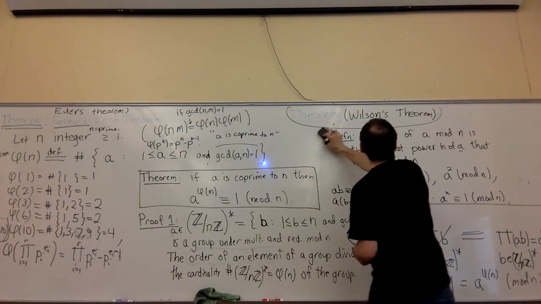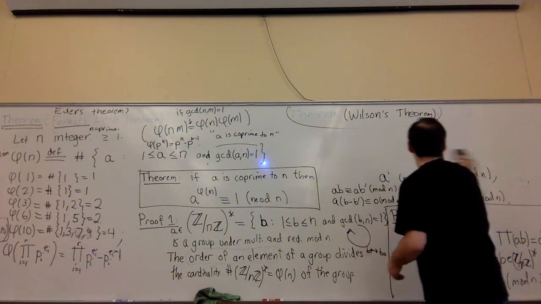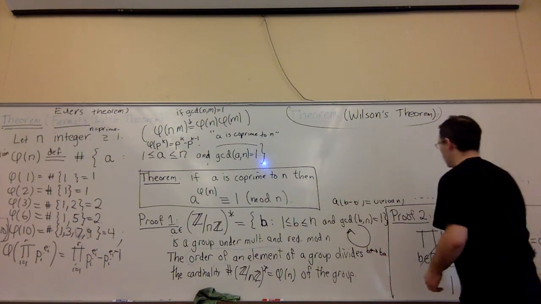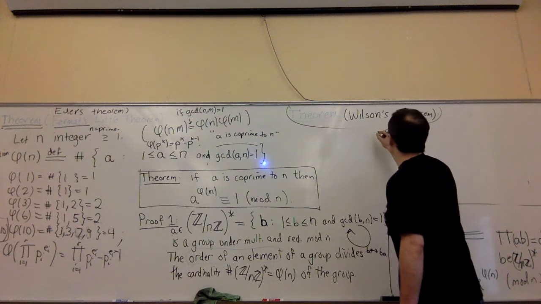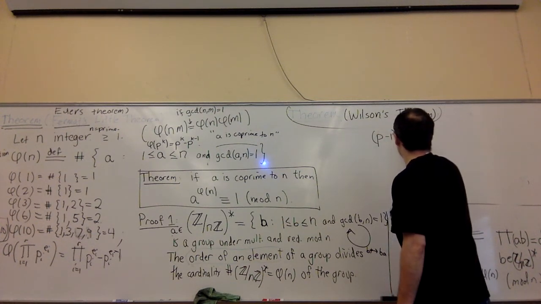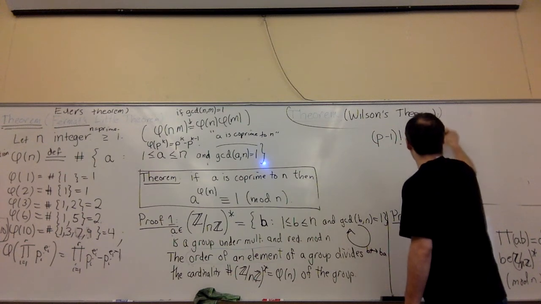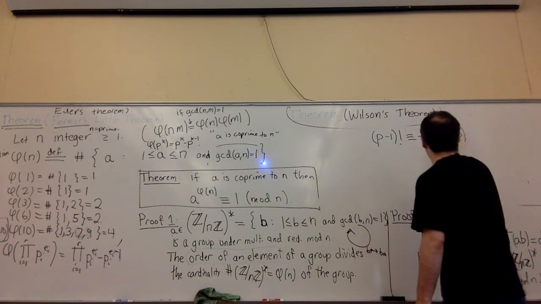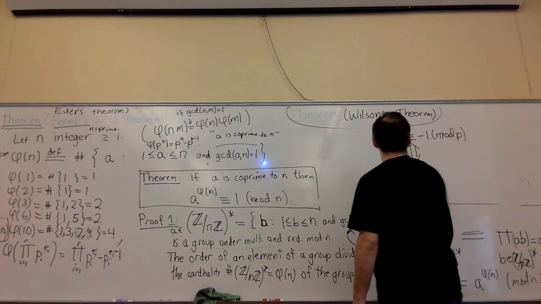All right, next, Wilson's theorem. You might think of this as the worst primality test of all time, and it's the following theorem. (p minus 1) factorial is congruent to minus 1 mod p if and only if p is prime.